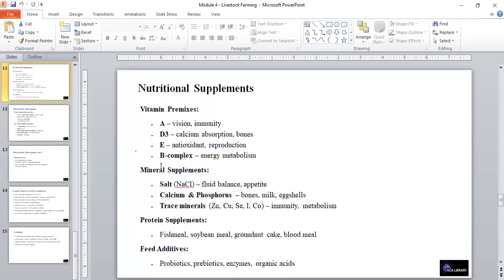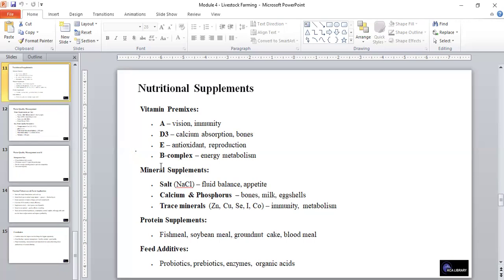For minerals, salt, sodium chloride, helps in fluid balance and also helps in giving appetite. Calcium and phosphorus are good for bones, meat, and egg shells. Trace minerals like zinc, copper, and the likes are good for immunity and metabolism.